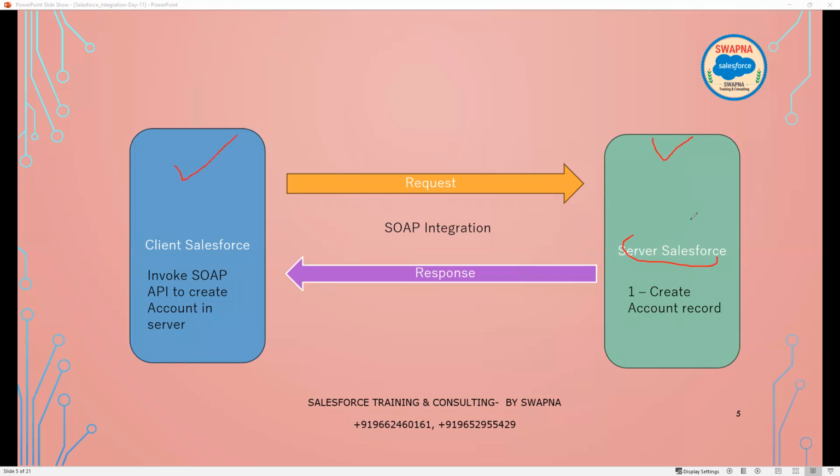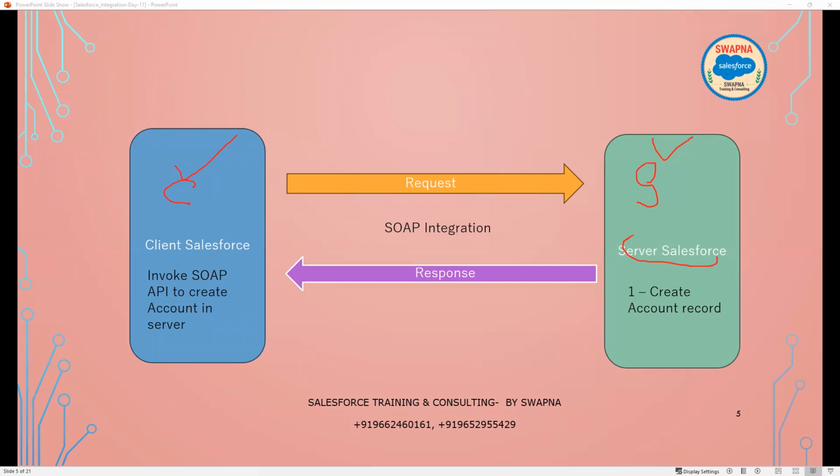I have one Salesforce which is a server, and one Salesforce which is a client. In the server, we can generate a SOAP, or if you want to do it from the client side, you can generate it there too. Salesforce can be used for both.